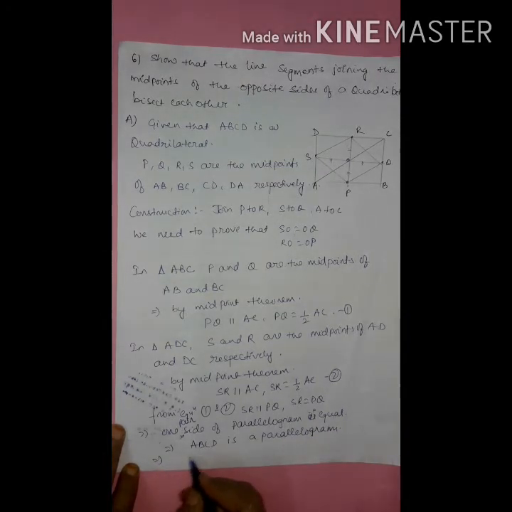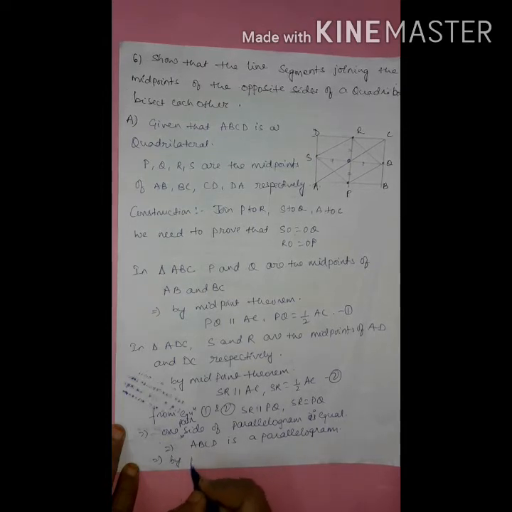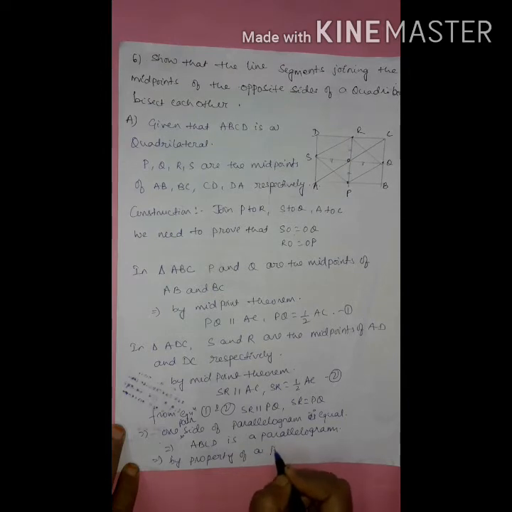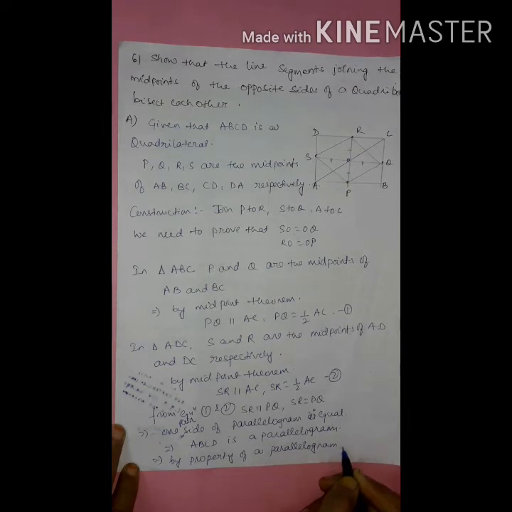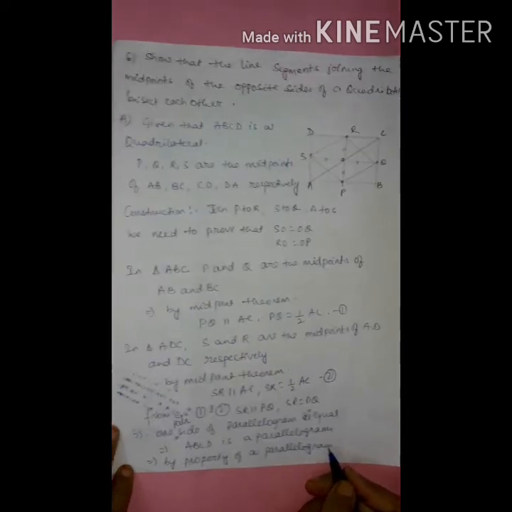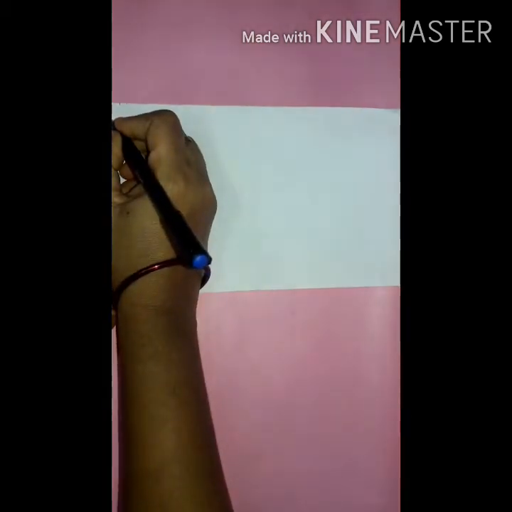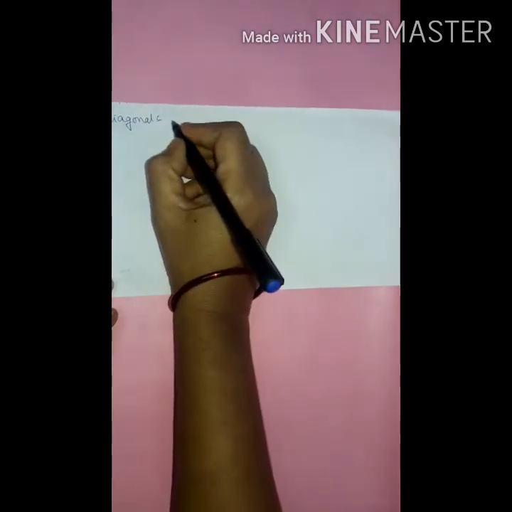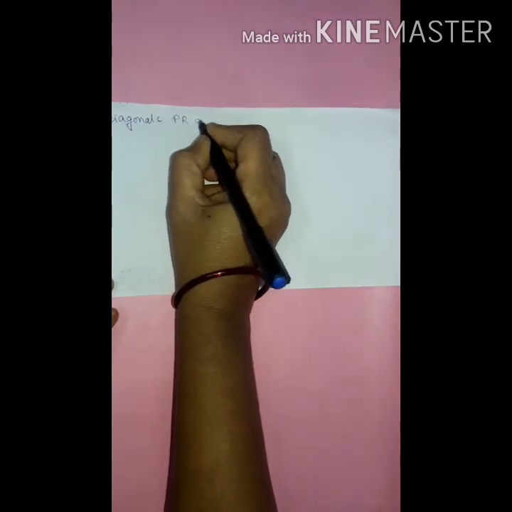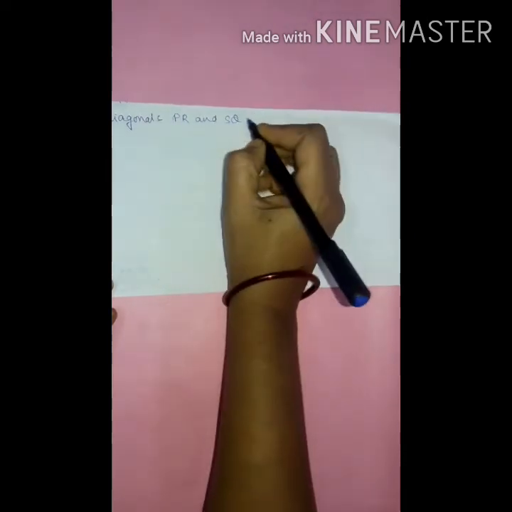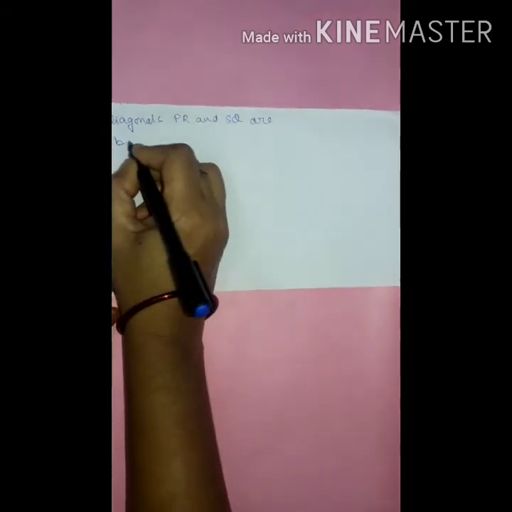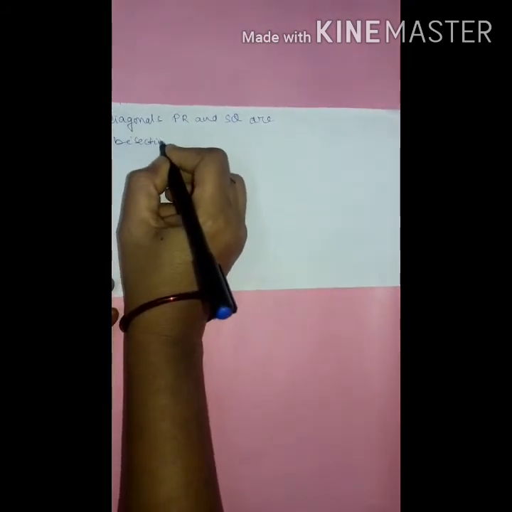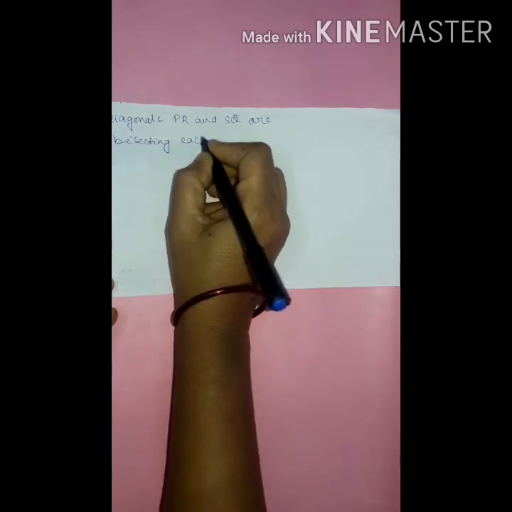This implies, by the property of a parallelogram, diagonals PR and SQ are bisecting each other.